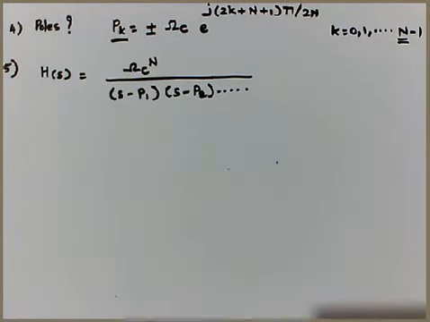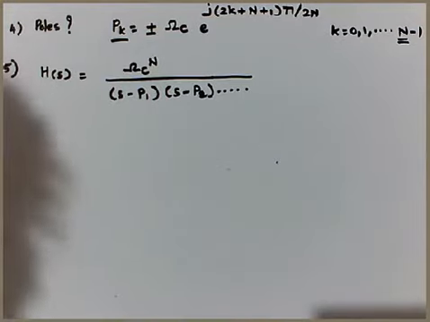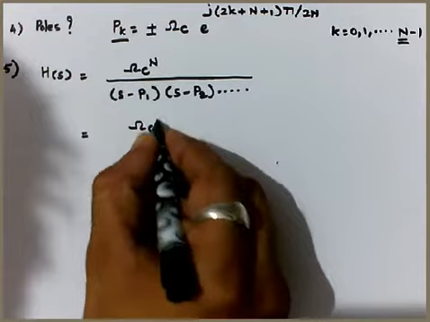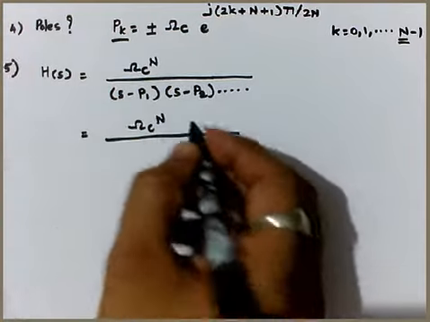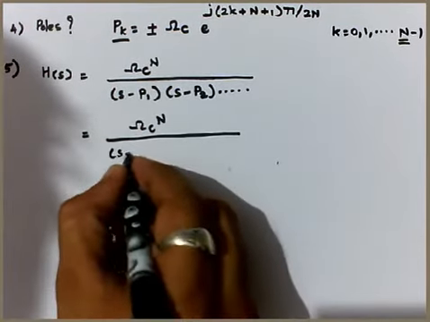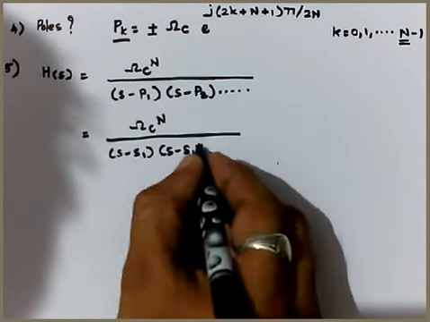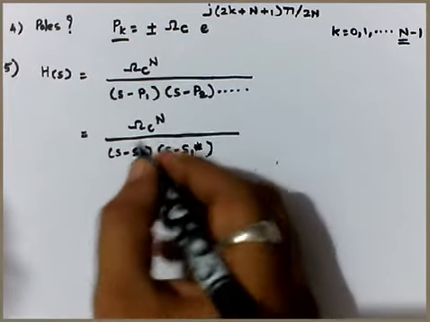Now if the poles are conjugate, then this formula can alternatively be written as Ohm C raised to n by (s minus s1)(s minus s1 star), where s1 star is the conjugate of the first value.